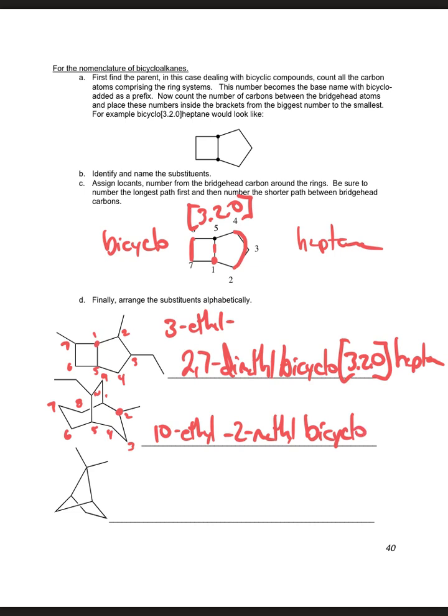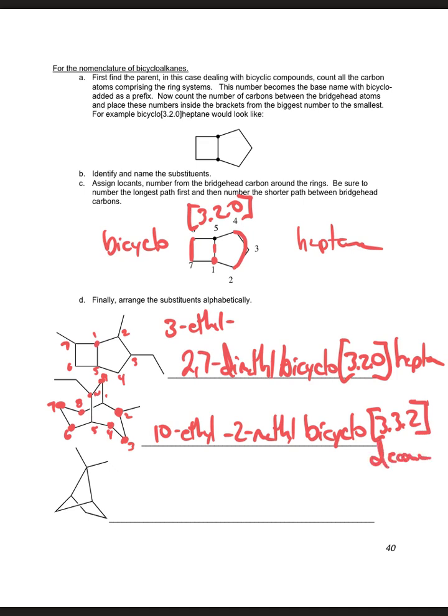Then there are 10 carbons, so there are 3 carbons in the one with the methyl, bridgehead between. There's 3 that way, so this is a bicyclo 3,3, and then there are 2 that way, 2 decane.